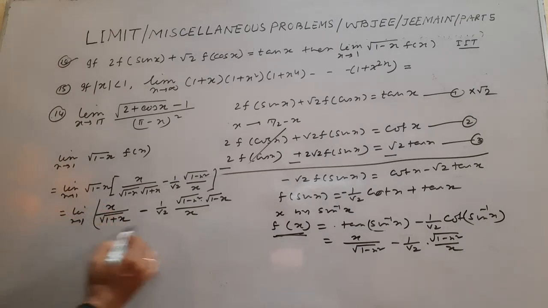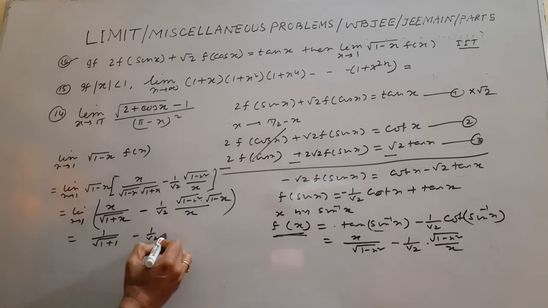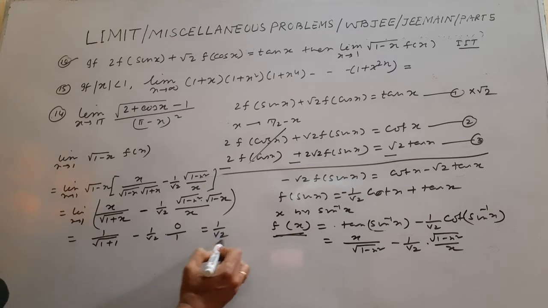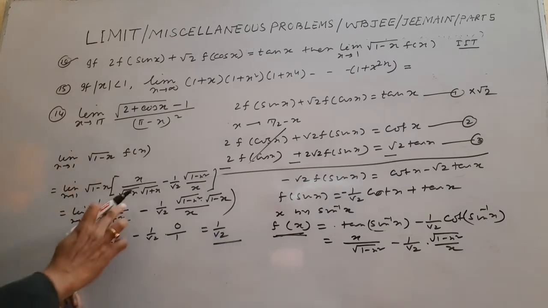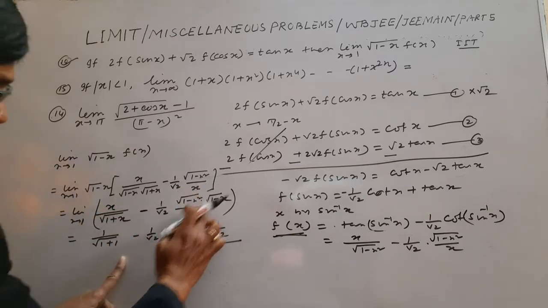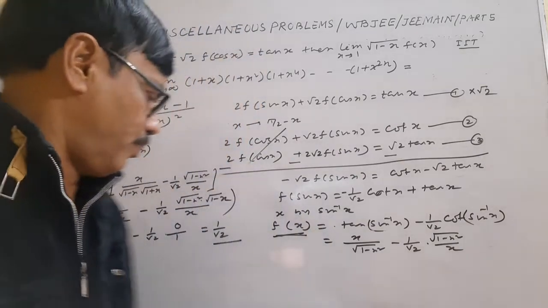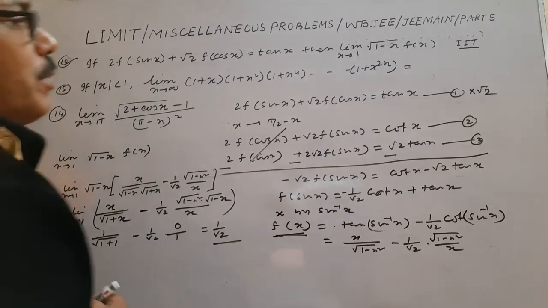So x tends to 1, so 1/√(1 + 1) is 1/√2. In the second term the numerator is 0 but the denominator is non-zero. So what is the value of the limit?